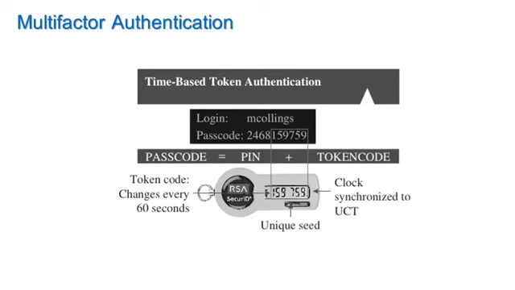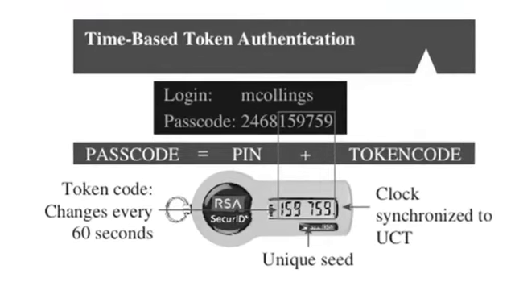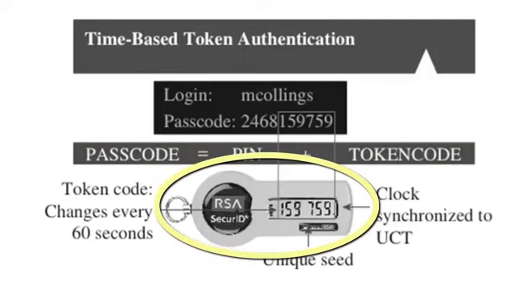As an example of multi-factor authentication, consider the example shown here, which uses the combination of something that a user knows and something that a user has in order to perform the authentication process. In this case, in addition to a login name, the user must also supply a passcode, where the passcode is a combination of a personal identification number, that is, something that the user knows, plus a token code, which in this case is a 6-digit code that is generated by a keyring-based security token.